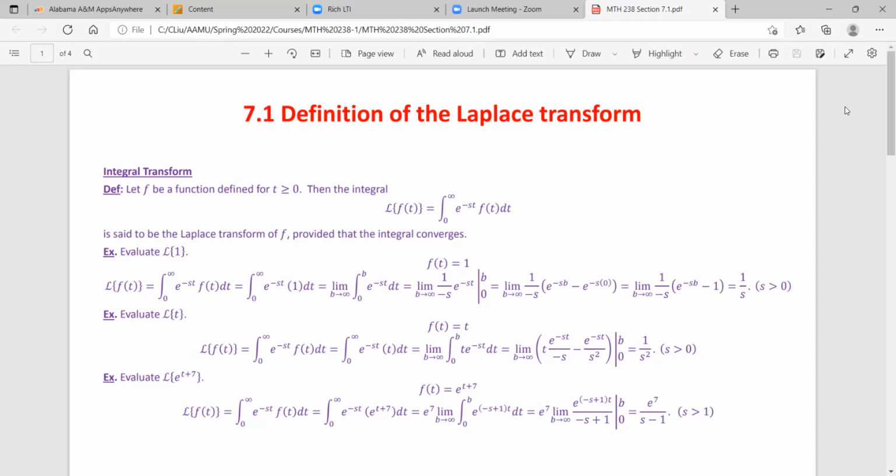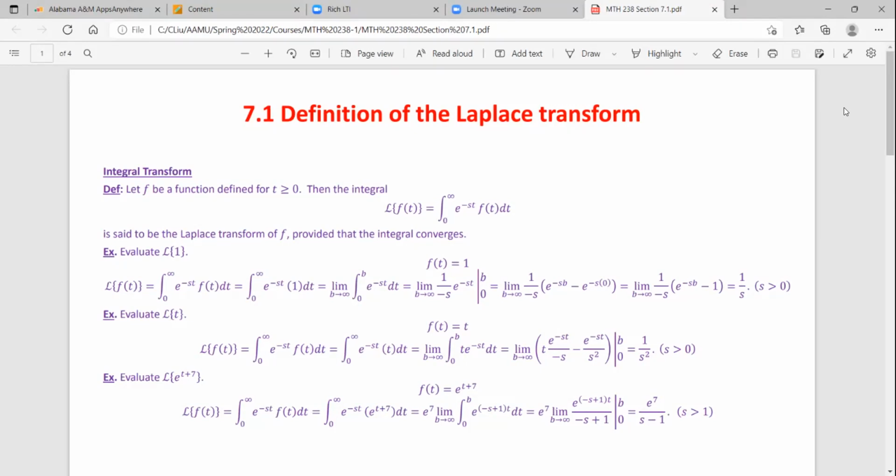So we integrate e to the negative st times t from 0 to infinity, from the definition. Again, you're going to do the improper integral. By the way, what do we mean by improper? Here it's because the upper limit of integration is infinity. So you still need to integrate from 0 to b and take the limit as b approaches infinity.